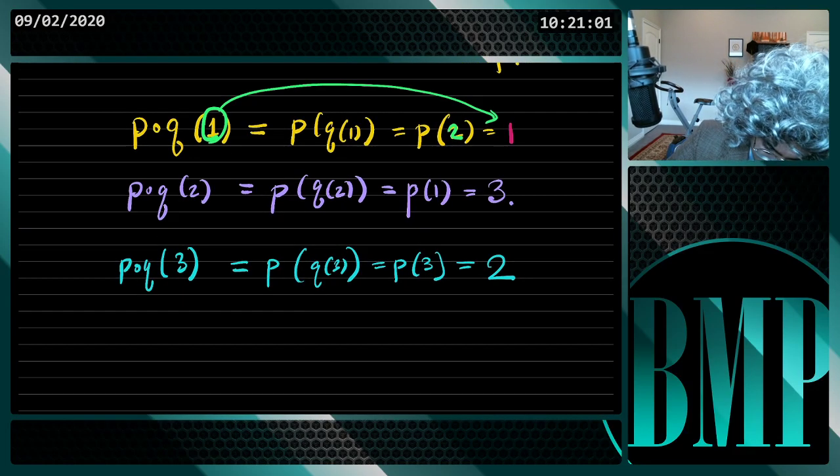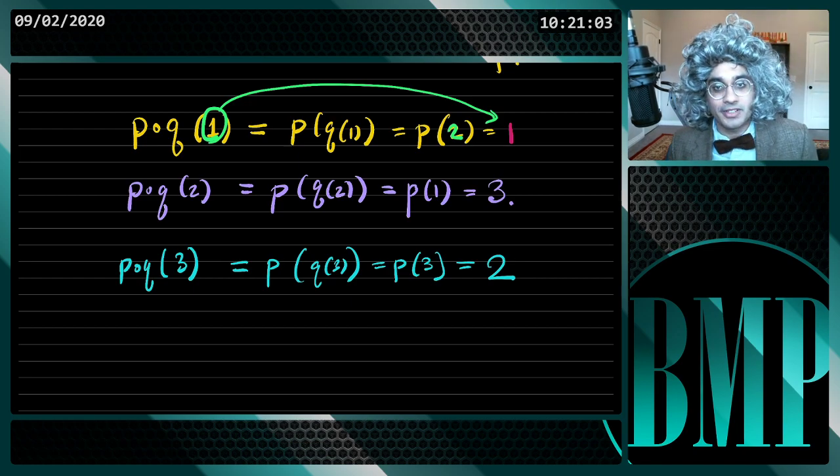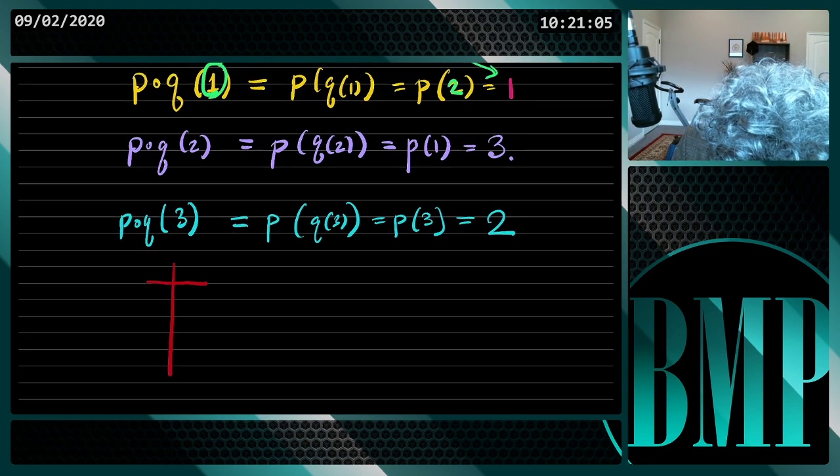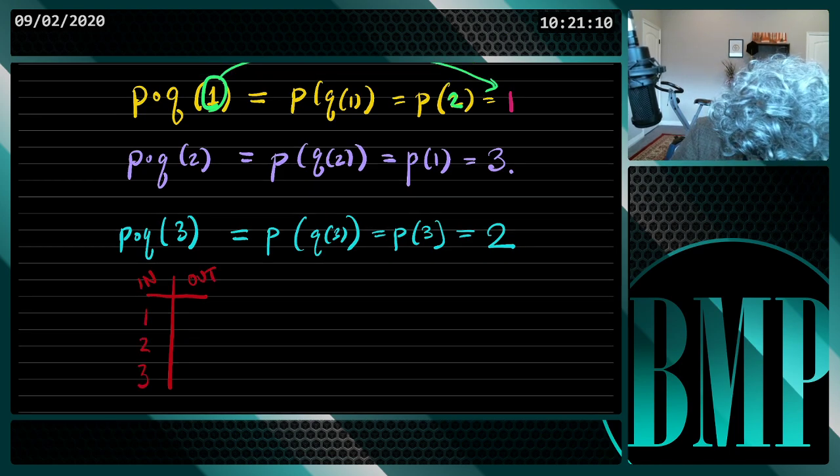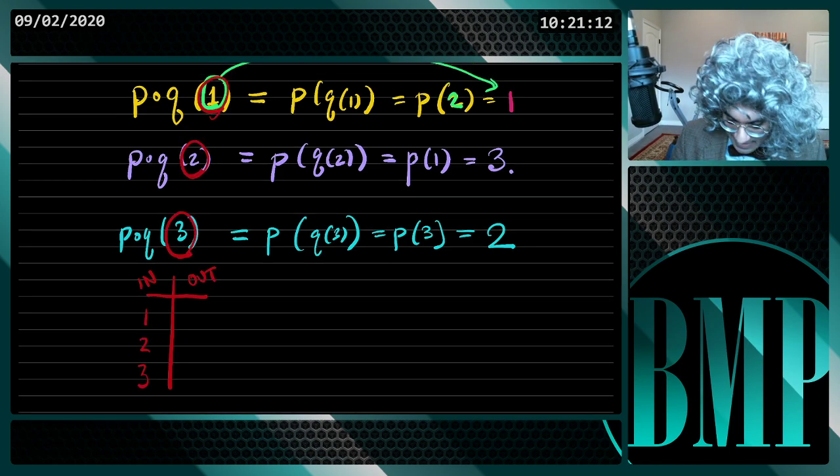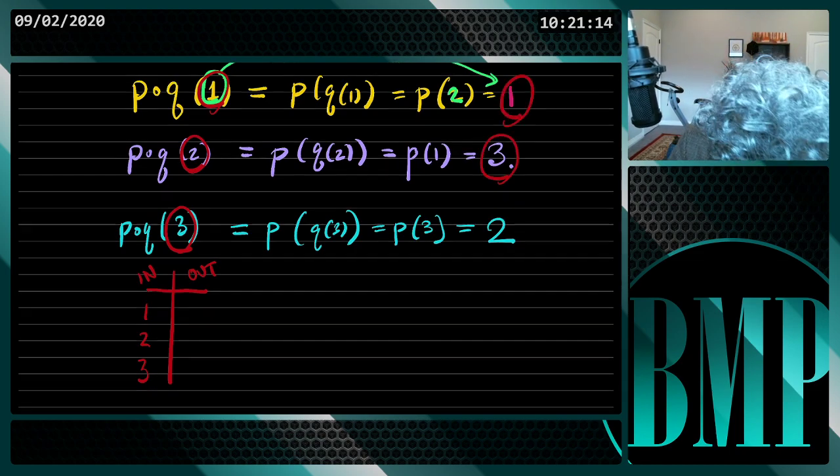Okay, so now you take the input-output relationship and draw this in, out. In is 1, 2, 3. Outputs 1, 3, 2.